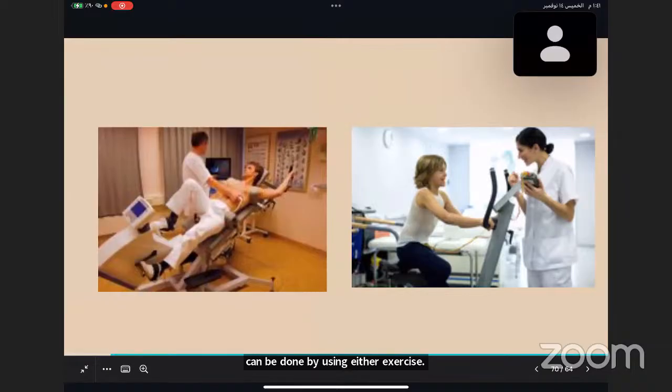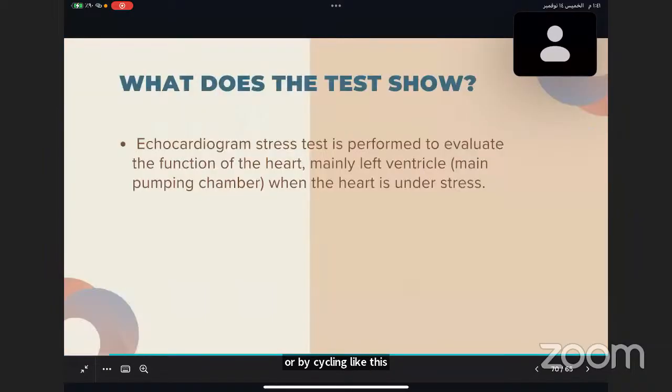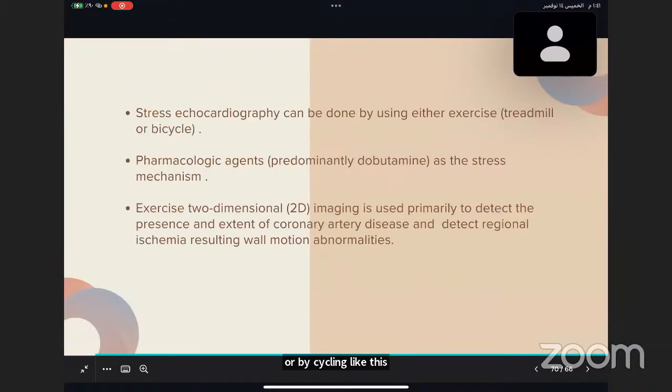This is the treadmill and bicycle. A pharmacological agent, dobutamine, can serve as the stress mechanism. Exercise two-dimensional imaging is used primarily to detect the presence and extent of coronary artery disease and detect regional ischemia resulting in a wall motion abnormality.